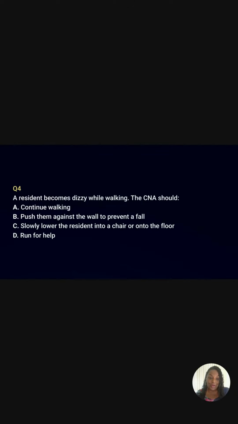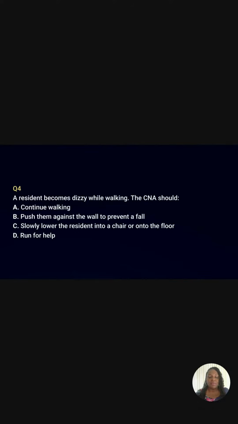Question number four. A resident becomes dizzy while standing. The CNA should A, continue walking, B, push them against the wall to prevent a fall, C, slowly lower the resident into a chair or onto the floor, or D, run for help. And this is so scary when it happens.